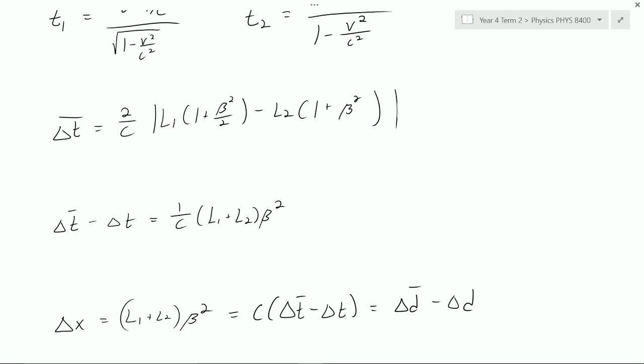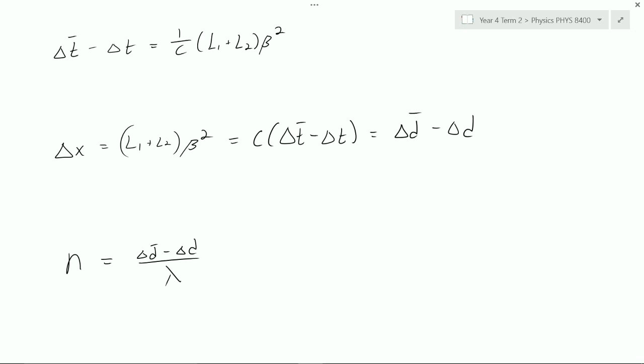So delta d is the phase shift of the two wavelengths when the apparatus was not rotated at all, and delta d bar is the phase shift when it was rotated 90 degrees.